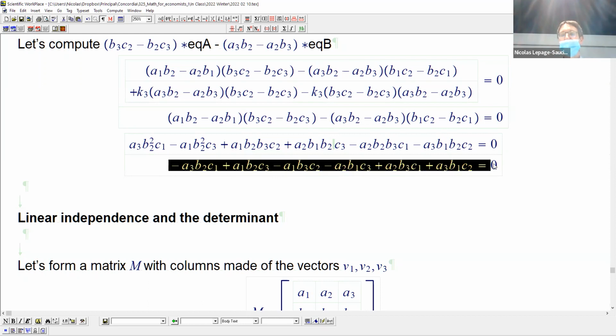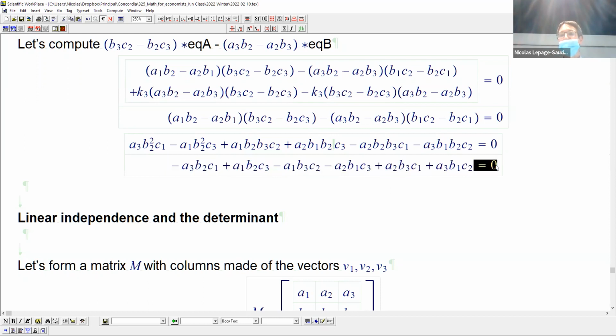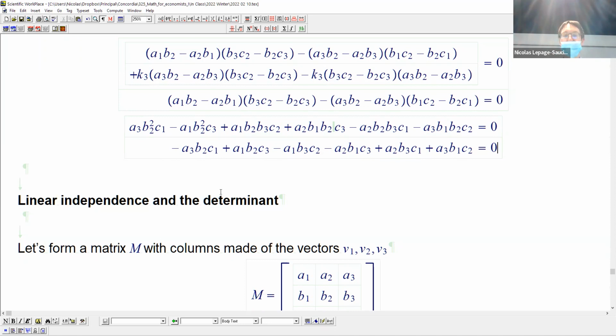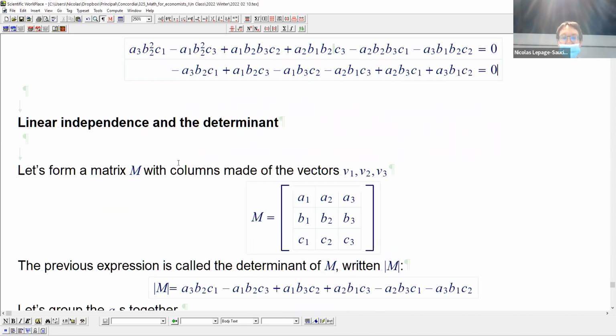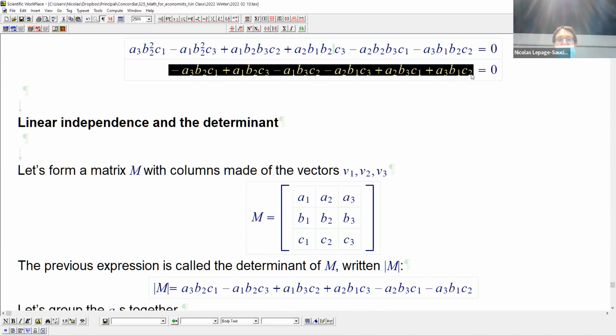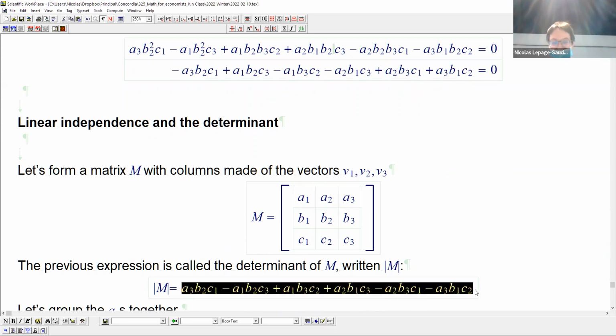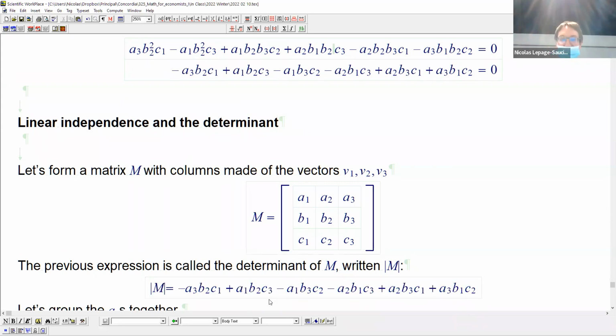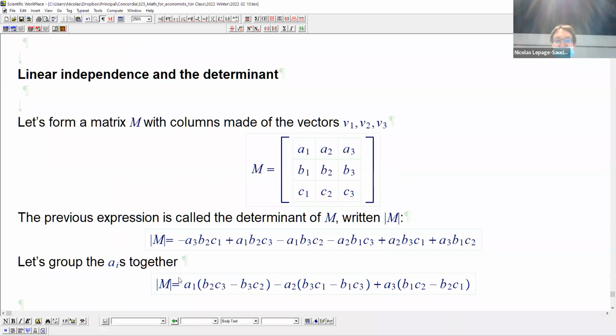It's still true because here I have this equal to 0, so I just multiplied everything by minus 1. Sorry, I screwed up your notes. That's why it's good that you copy it, but it's okay. Now I'm going to do it properly.